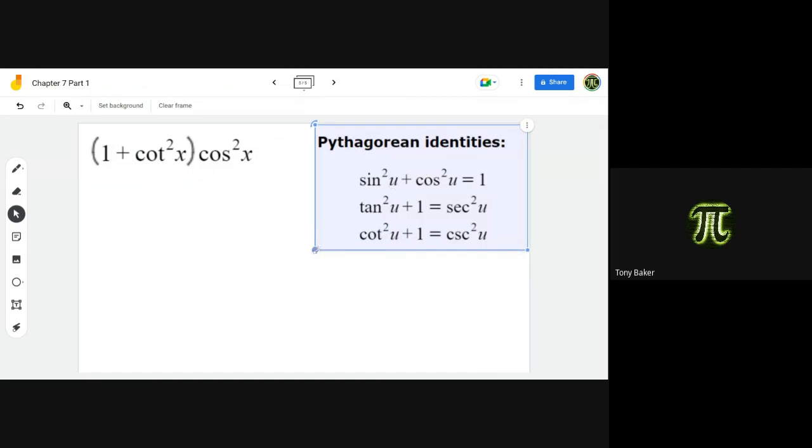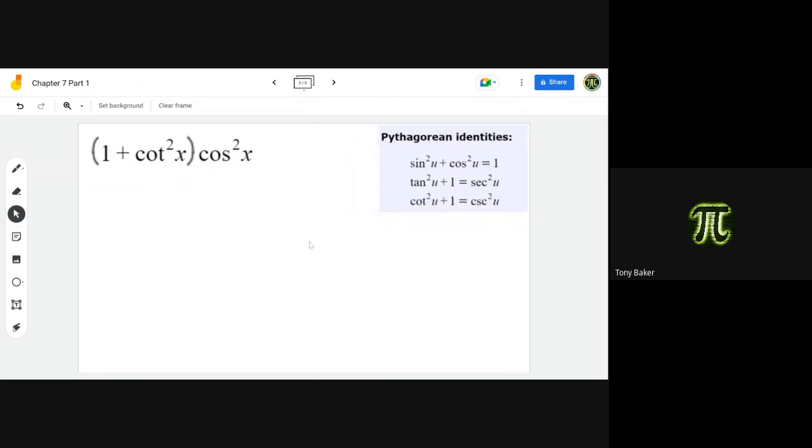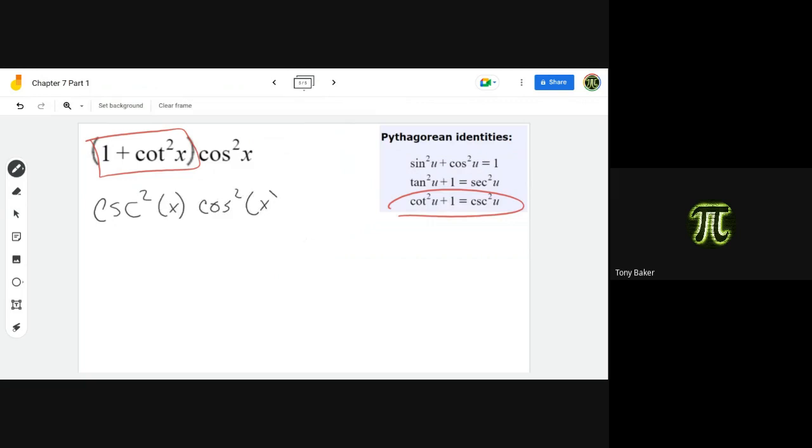We've got our Pythagorean identities. So we have this right there. So 1 plus cotangent squared of x is cosecant squared of x. So I now have CSC squared of x and then cosine squared of x.